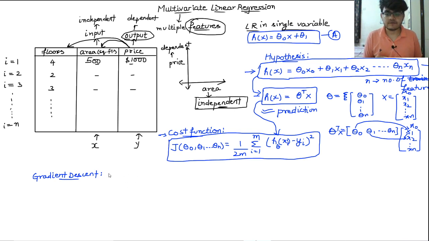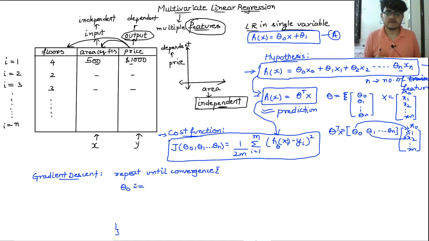So in case of gradient descent, the algorithm was, if you remember, repeat until convergence, and inside this we had theta j, or let me write theta 0, using this symbol.